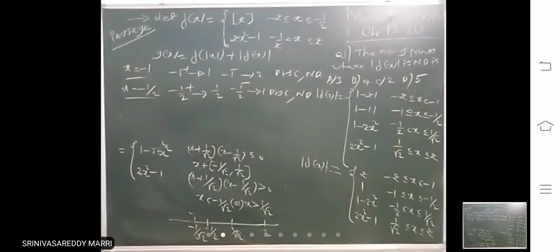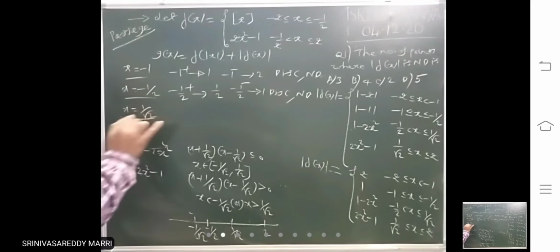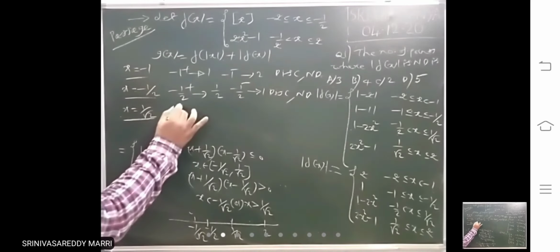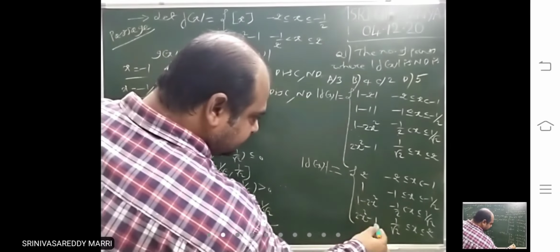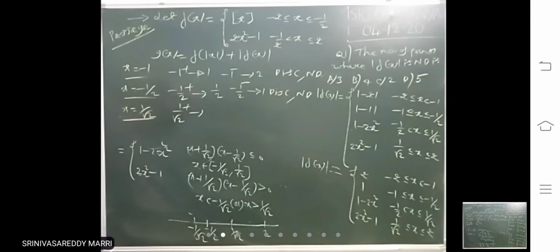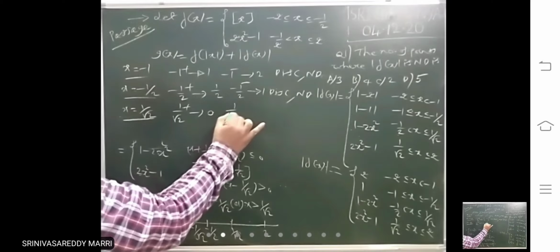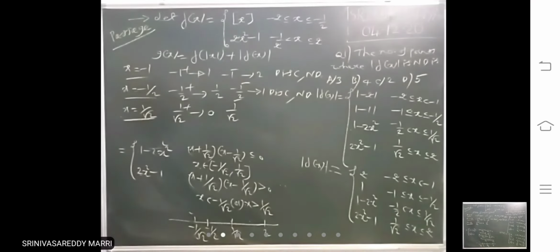Then at x equal to 1 by root 2, right limit. So this is 2 into 1 by 2 minus 1. Right limit is 0. 1 by root 2 minus left limit: 1 minus 2 into 1 by root 2 whole square.